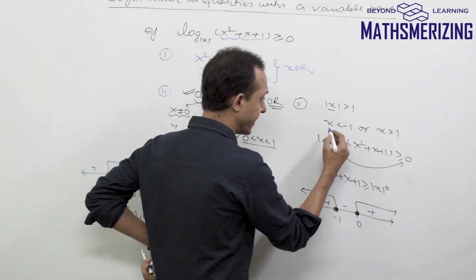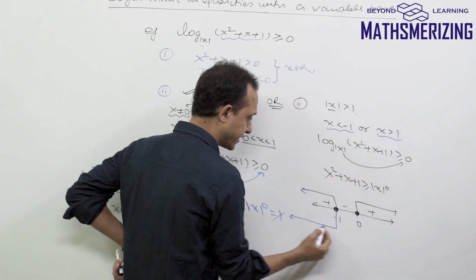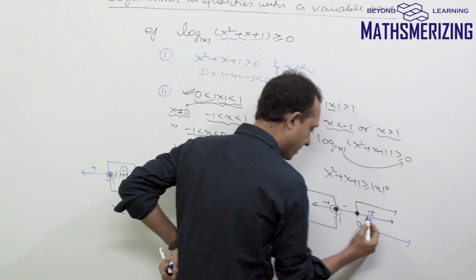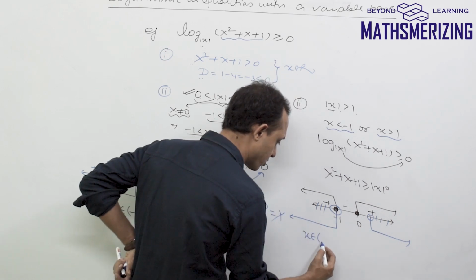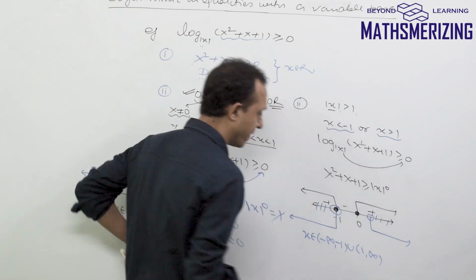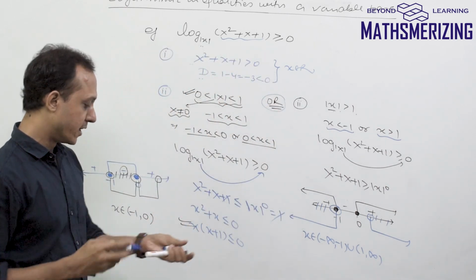Now again, this result has come with a condition. Either the value of x is less than minus 1 or the value of x is greater than 1. So the interval which is common to both is x belongs to minus infinity to minus 1 union 1 to infinity.